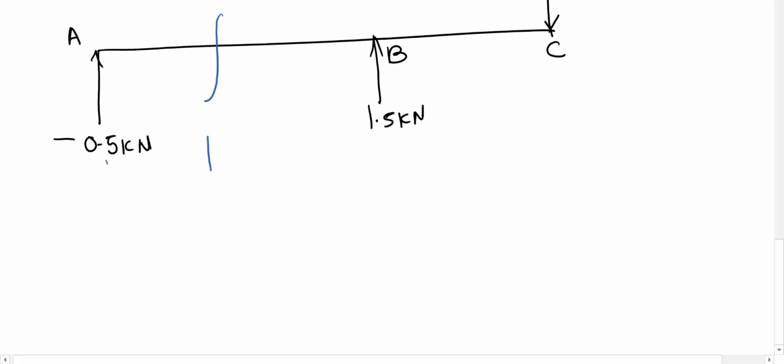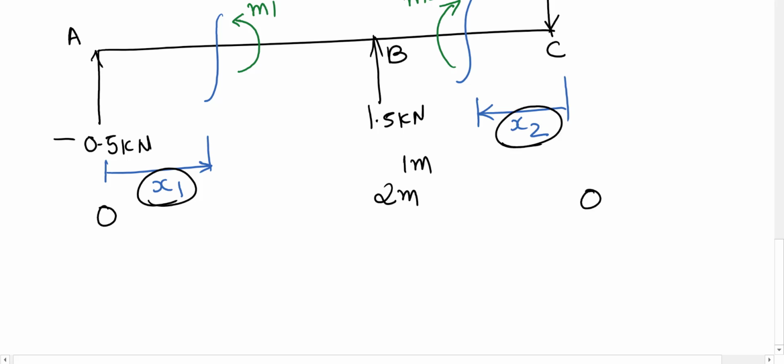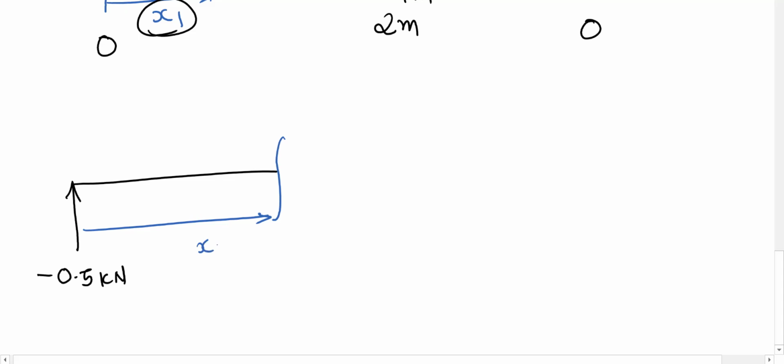Now we need to find small m1 at a distance of x1, and similarly small m2 at a small distance x2 from the second cut. This x1 distance varies from 0 to 2 meters, and this x2 distance varies from 0 to 1 meter. If I redraw this cut, we have minus 0.5 kilonewton at a cut distance of x1, and I want to find this small m1.